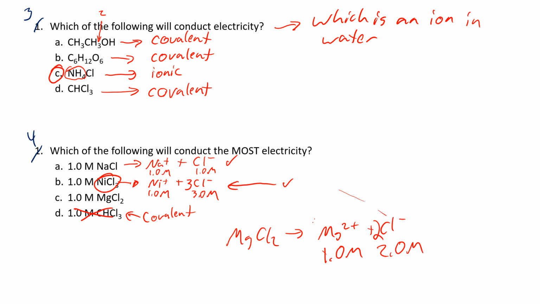And the more ions that are in solution, the more it'll conduct electricity. So the first one only produces 1 molar and 1 molar concentrations. B produces a 1 molar and 3 molar concentration. C produces a 1 molar and 2 molar concentrations, and D doesn't produce ions, so it doesn't conduct electricity at all. So the answer would be B in this case. Tricky one, but yeah.